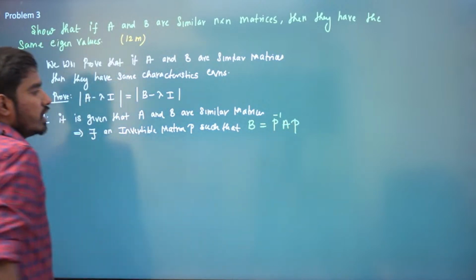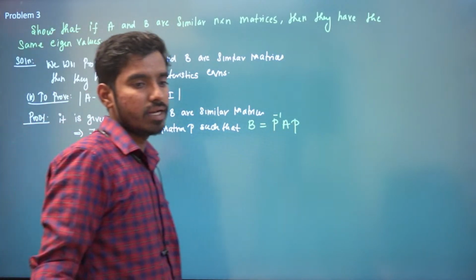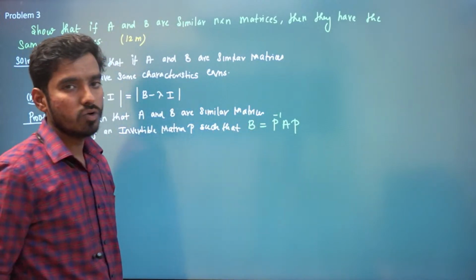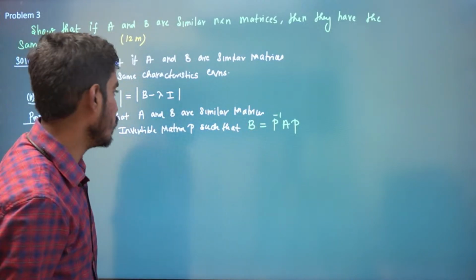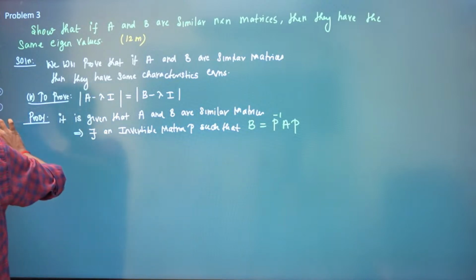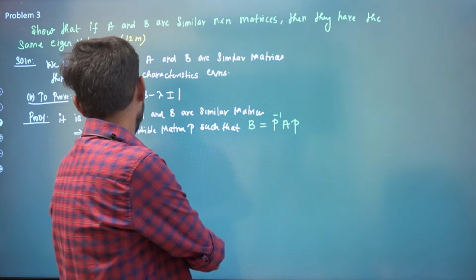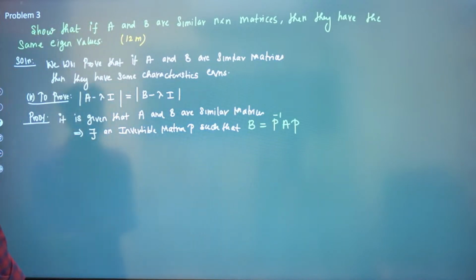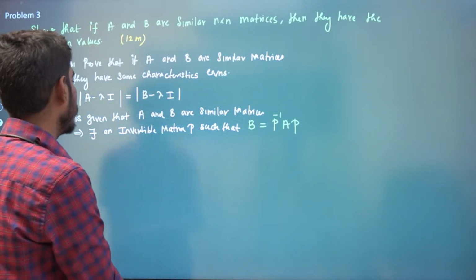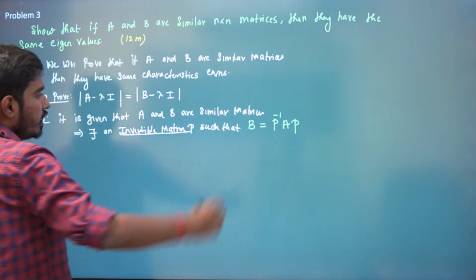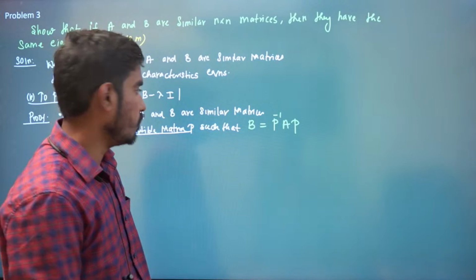So this is the definition of similar matrices: two matrices are similar if there exists an invertible matrix P such that B is equal to P inverse AP. How to find that P we will do in concept videos. It is given that A and B are similar matrices, so by definition there exists an invertible matrix P such that B can be written as P inverse AP.